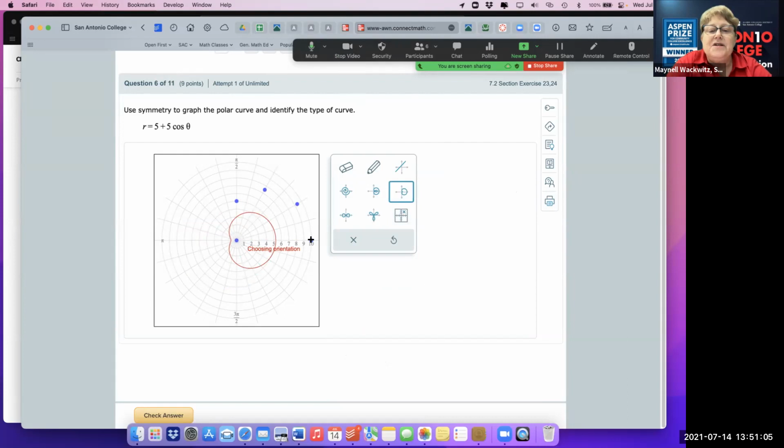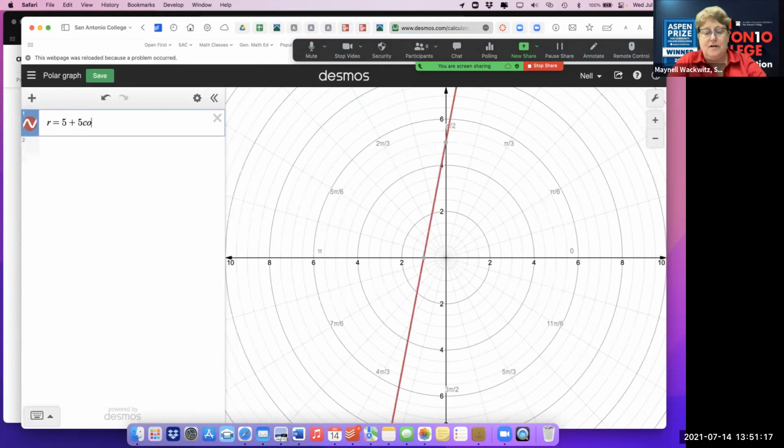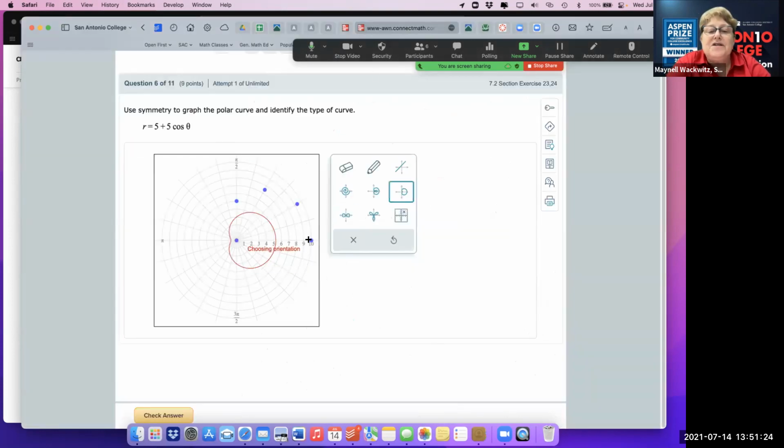Choose the orientation. Let me make sure the orientation is right. R equals 5 plus 5 cosine theta. So it's going to the right. So the orientation is to the right.